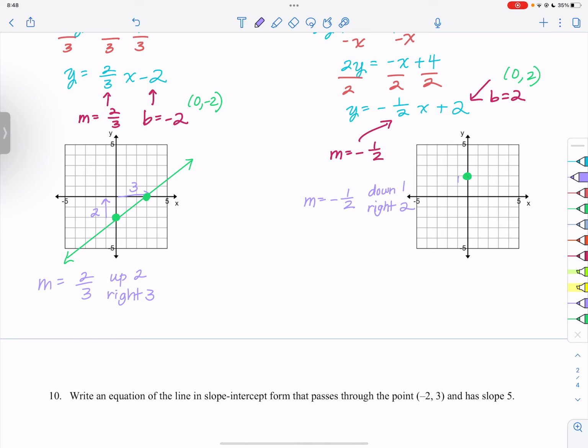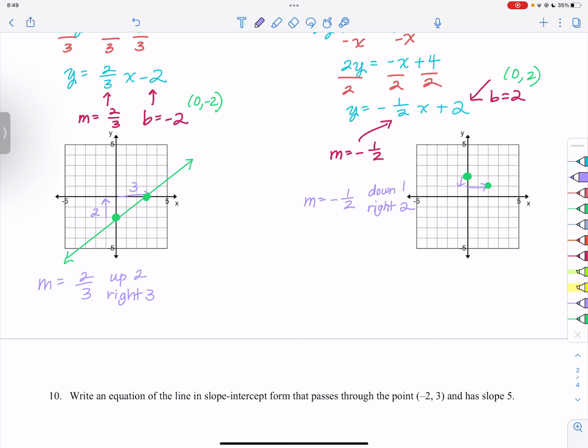Those points are pretty close. I didn't go down on the right spot there. So we're going to go down 1 and then to the right 2, and that puts us right here.